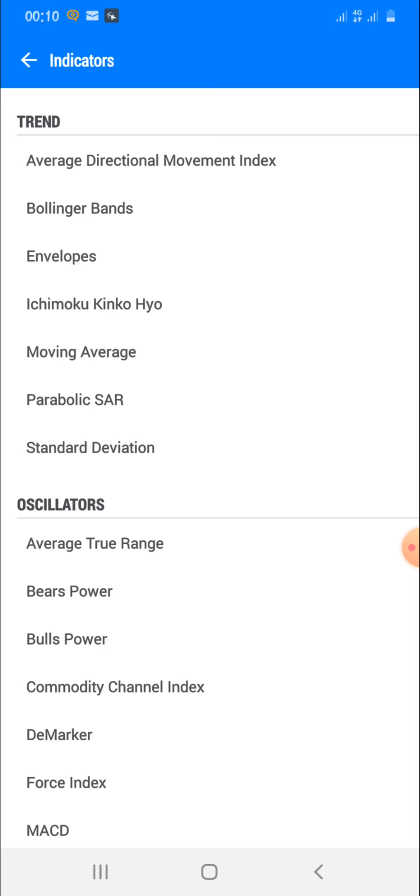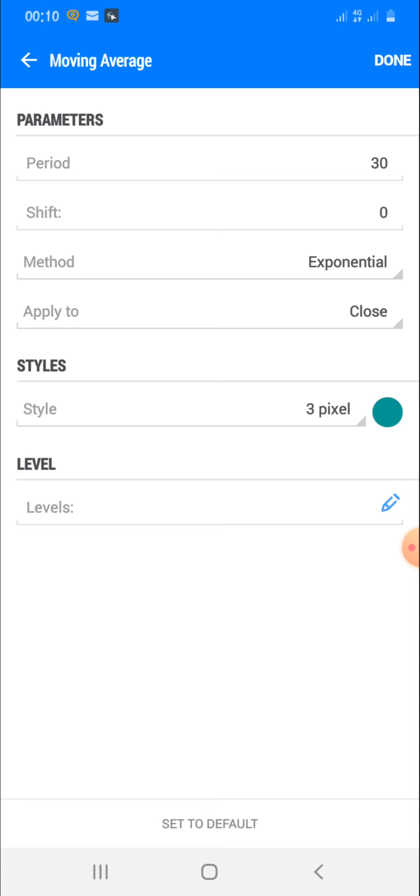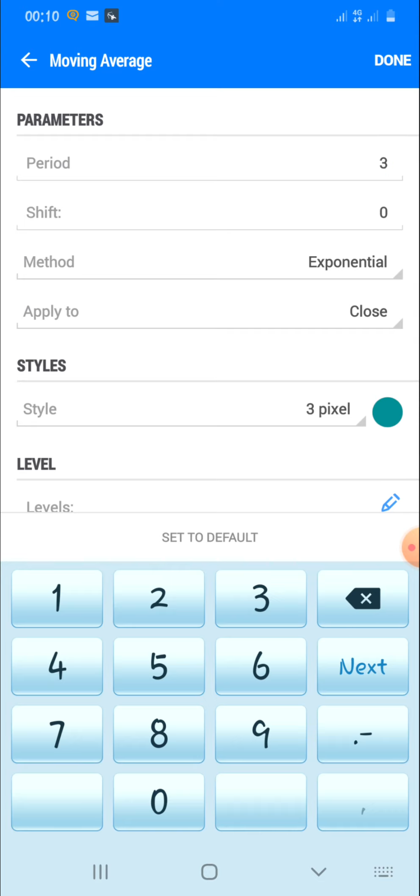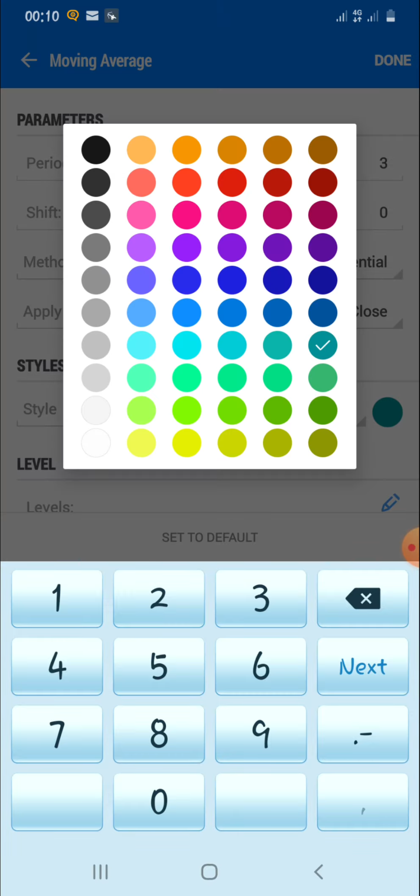We will start with the moving average. Our first indicator, we will insert the period to be 3 and shift 0. The method, we will make it exponential and apply to close, and then let's change the color.